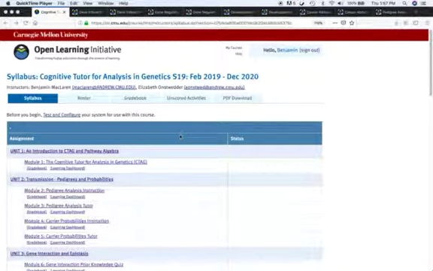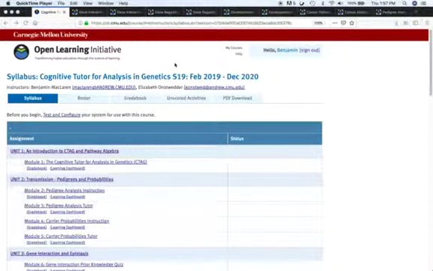The course key, which you'll use for signing up, is CTAG-S19-GST, which is spelled exactly CTAG, C-T-A-G hyphen S19 hyphen GST.